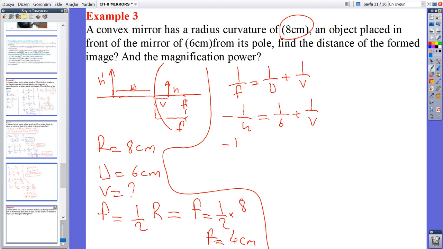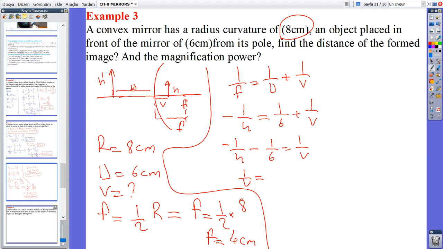Negative 1 over 4 minus 1 over 6 equals 1 over v. Both of them are negative. We use the common denominator 12, multiplying 3 times 4 and 2 times 6.